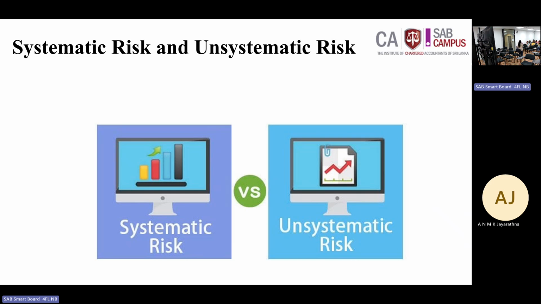So this is because of which factors? Macroeconomic factors such as inflation, and this is non-diversifiable risk. The other risk is diversifiable risk, or unsystematic risk. An unsystematic risk occurs because of organization-specific factors, not industry-specific.